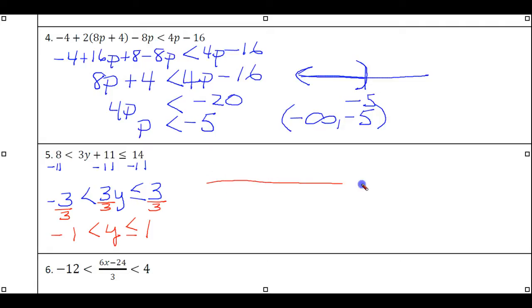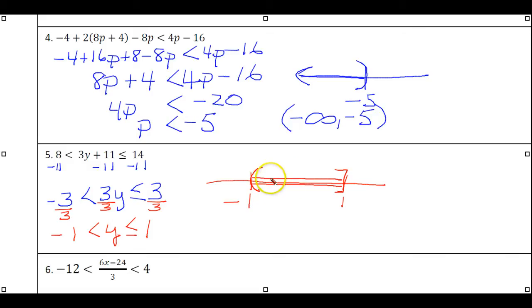Now on a graph, that would look like a negative 1 there, a 1 there. Here we would have a parenthesis going this way, and here we'd have a bracket because the 1 is included in the set. Here the negative 1 is not included, and we fill it in the middle.